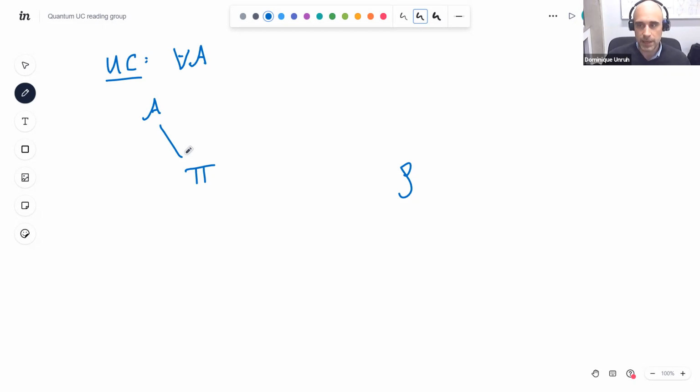So depending on what protocol you have, this channel could contain signals whom to corrupt, or it could have, for example, fake messages that are inserted, or the adversary could impersonate another party and so on. But anything the adversary sends is just represented by this one line.